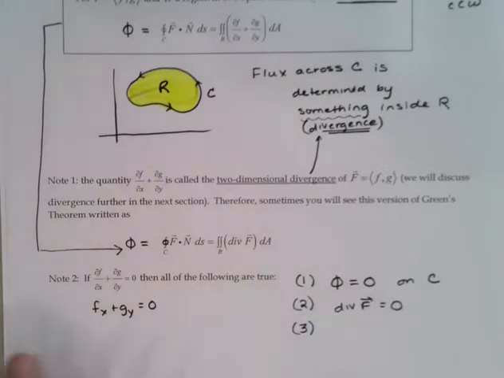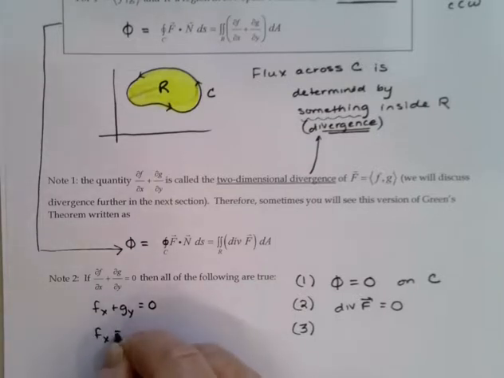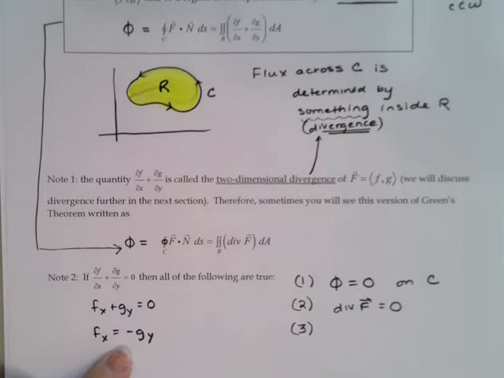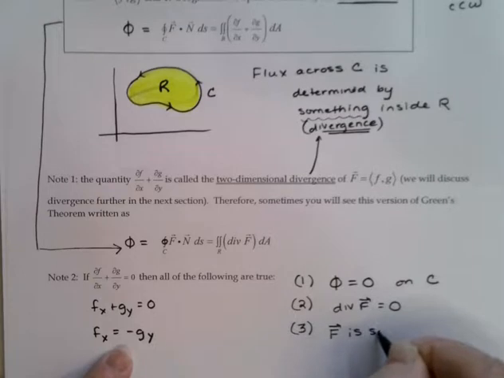And thirdly, if I rewrite this, just moving the g sub y to the other side, f sub x equals minus g sub y. If you look back, that's actually the condition for a source-free vector field. So f is source-free.